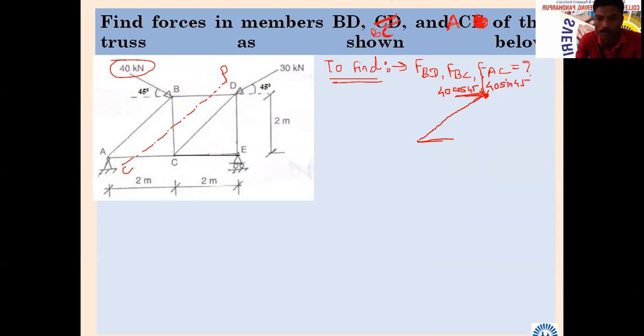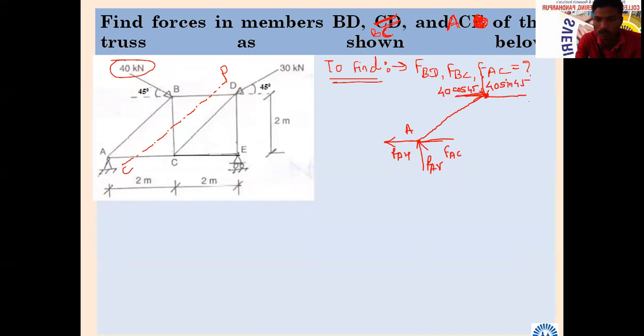Okay, here there is point A. At point A, here RAH in this direction. Okay, and here vertical reaction RAV. Here FAC, that direction we will give FAC. This we don't want.